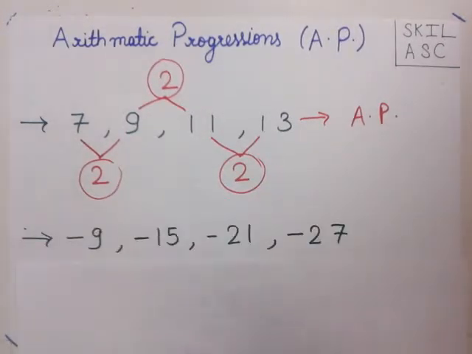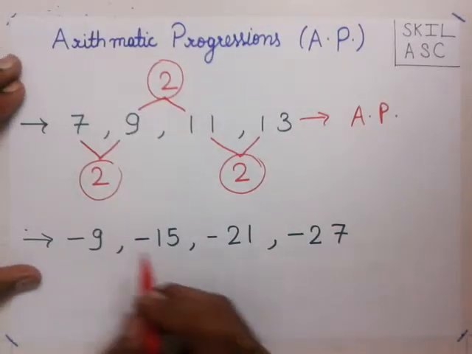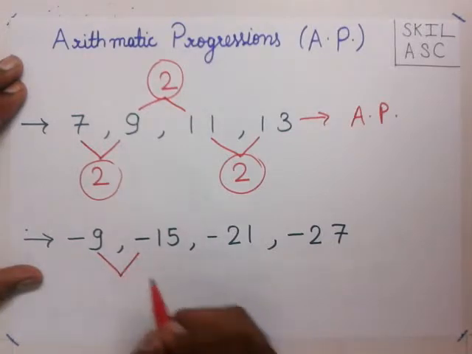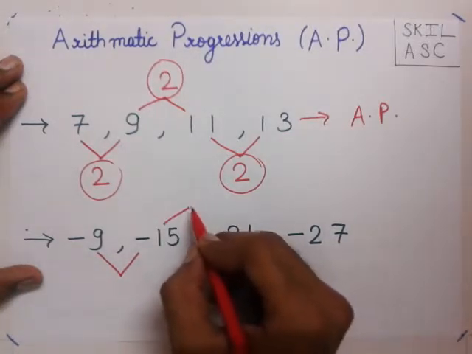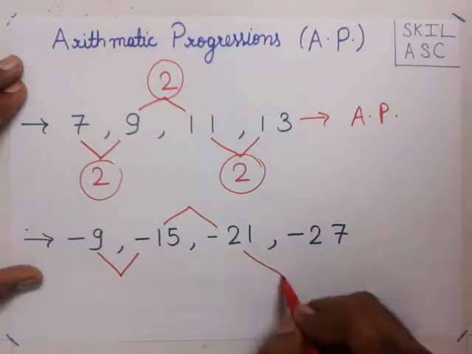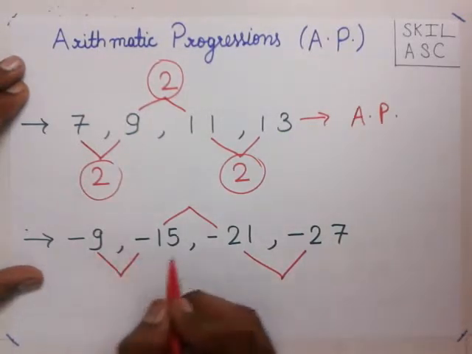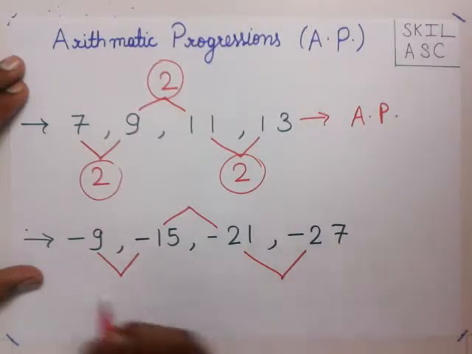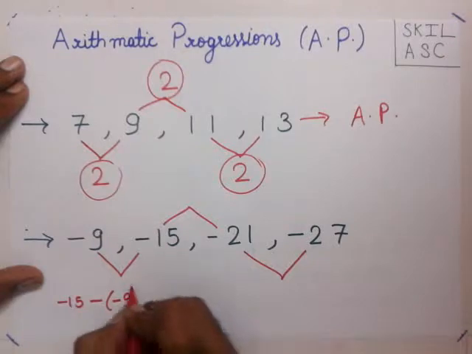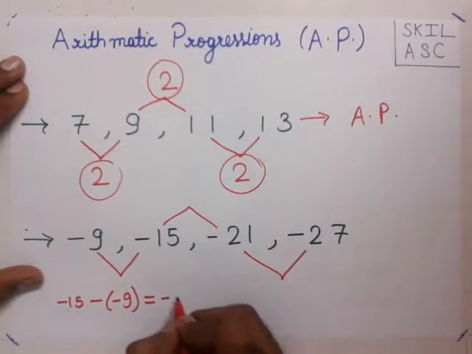Now we go to the next sequence. This sequence consists of minus 9, minus 15, minus 21 and minus 27. Same as above, we will calculate the difference between minus 9 and minus 15, then minus 15 and minus 21, and then minus 21 and minus 27. The difference between minus 9 and minus 15 is minus 15 minus 9, that is minus 6.